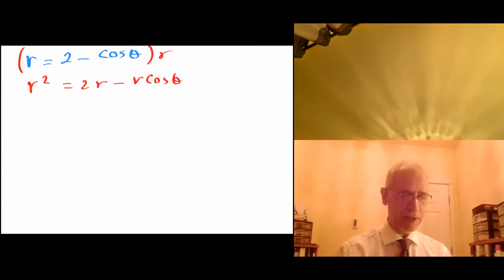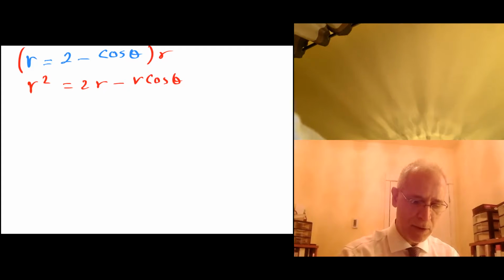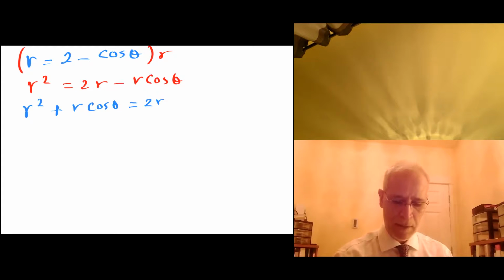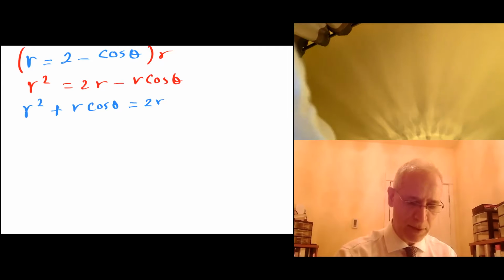I can rewrite this as r squared plus r cosine of theta equals 2r. Now I'm going to square both sides.